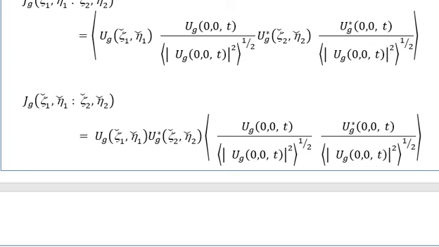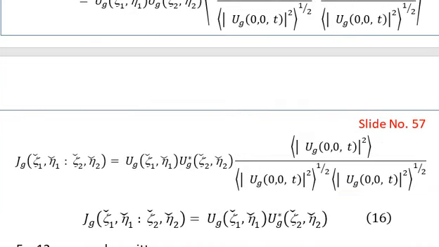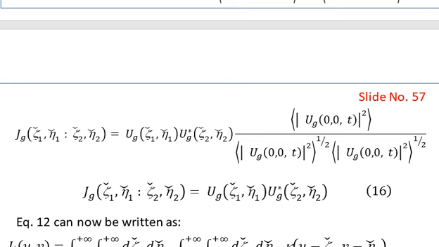So combining these 2 quantities, the averaging will be applicable only to the quantities at the numerator, because the denominators are already averaged out with these averaging brackets. So we have taken the average of the numerator over here. Now you see that this numerator is the same as the product of the 2 terms in the denominator.